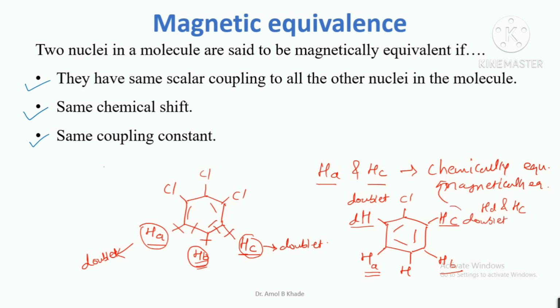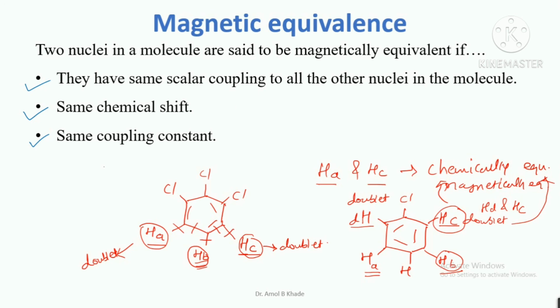But this proton is not coupling to proton A. It is coupling with proton B, whereas proton D is not coupling with proton B but is coupling with A. In such a case, proton D and proton C are not magnetically equivalent.